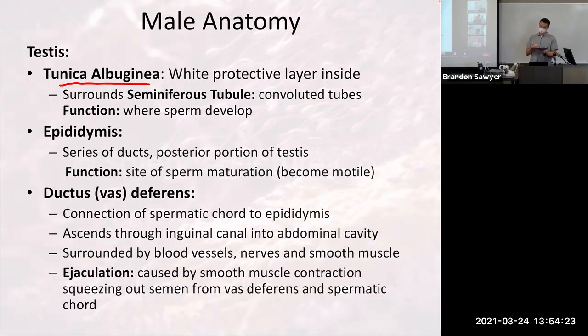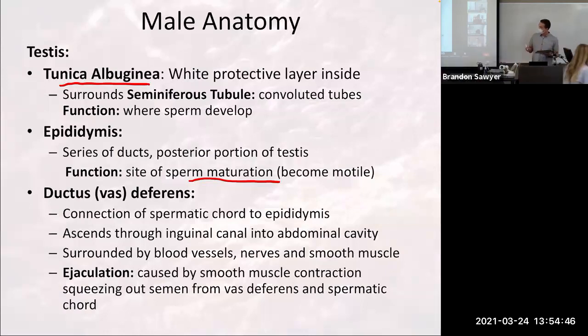It's a series of ducts in the back part of the testes, and this is also where sperm become mature. The development happens earlier, and maturation happens here. In a funny way to say it, they become motile, but they're learning how to swim, right? They're taking their swim lessons here and getting ready to go.